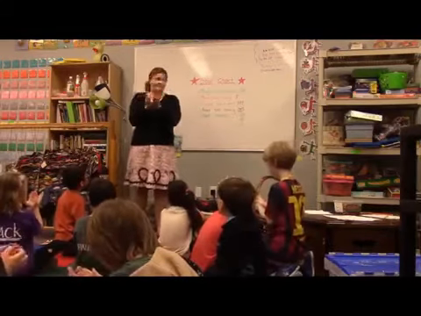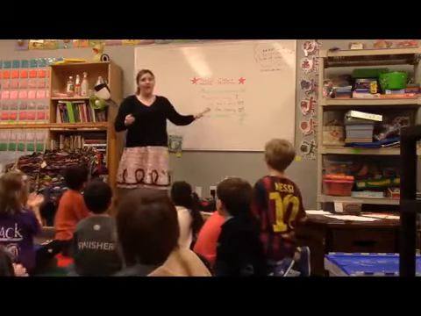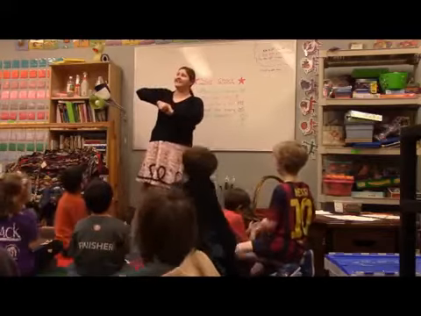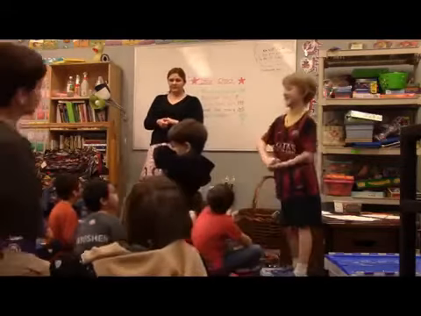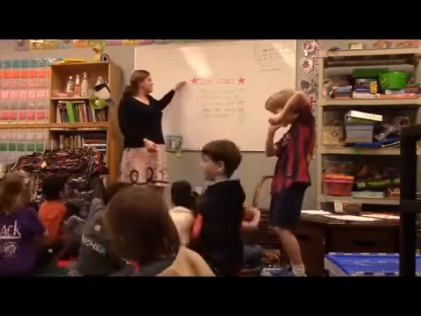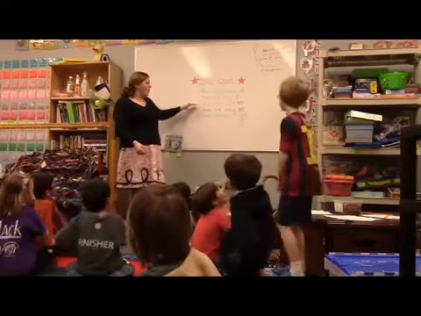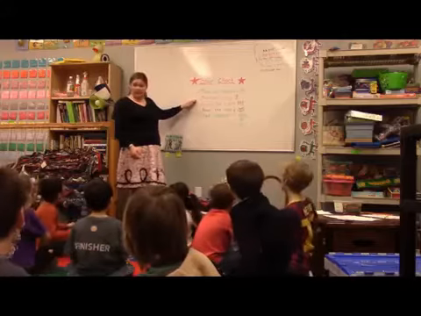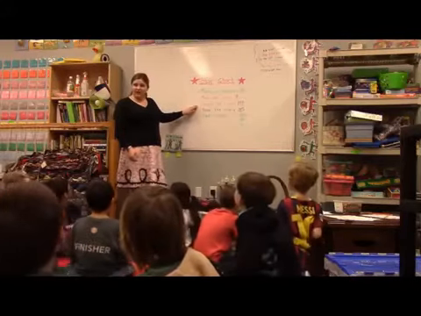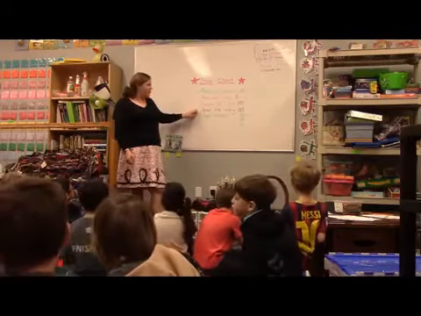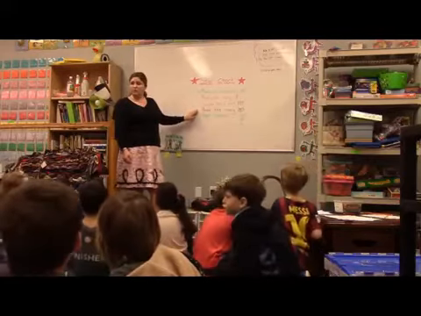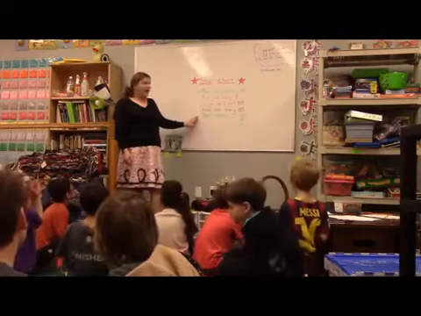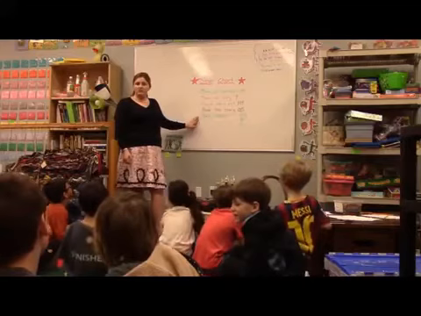And you had control. Ding! To get a star, you have to use all of these elements. Music with instruments, music with your body. Everyone had a part, had a turn. You read the story, and you had control.